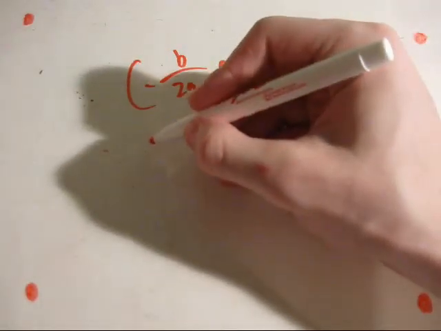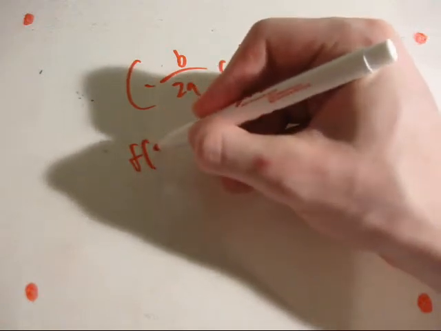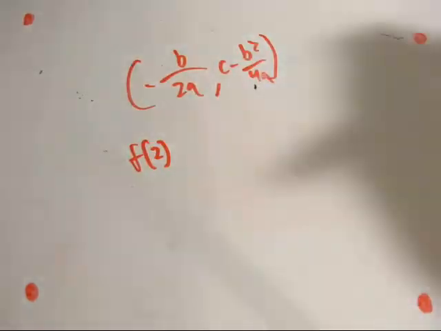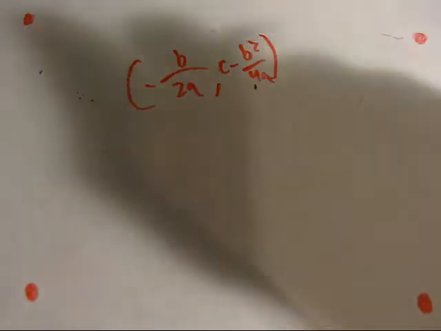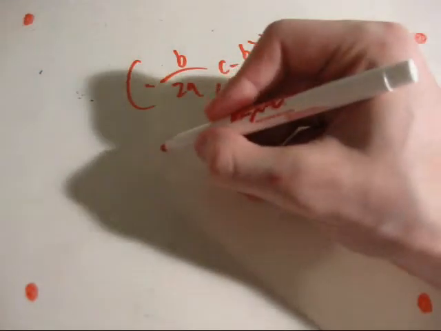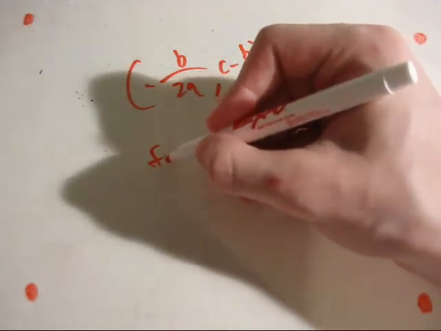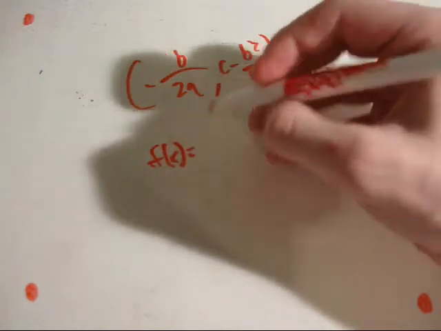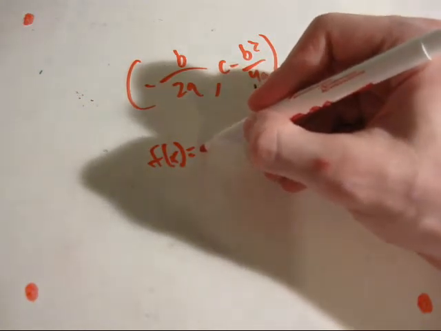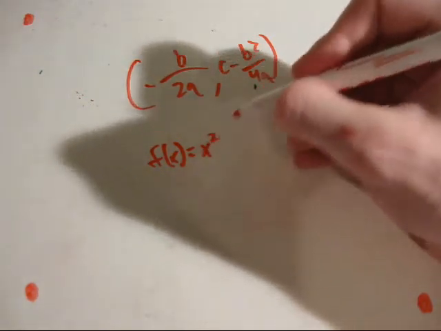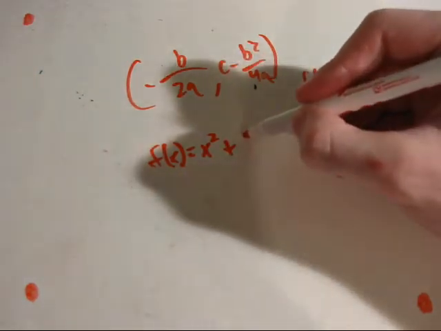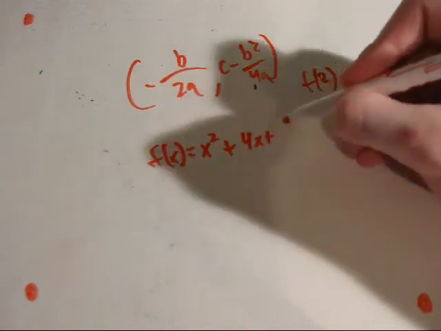Now let's say we have f of x, and that'll be equal to, well, let's say x squared plus 4x plus 4.